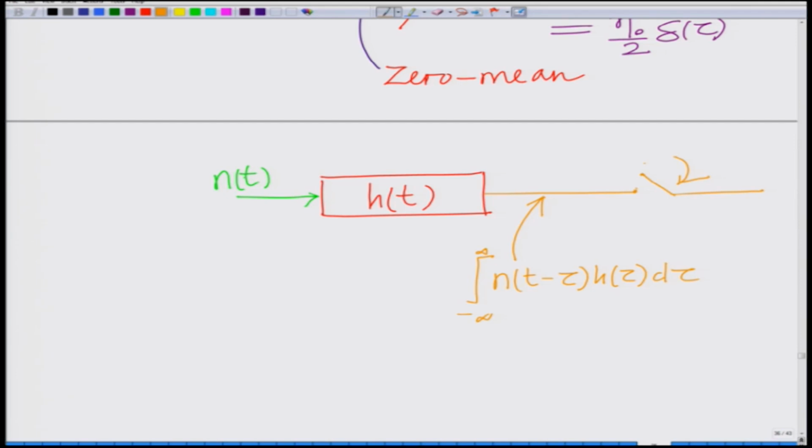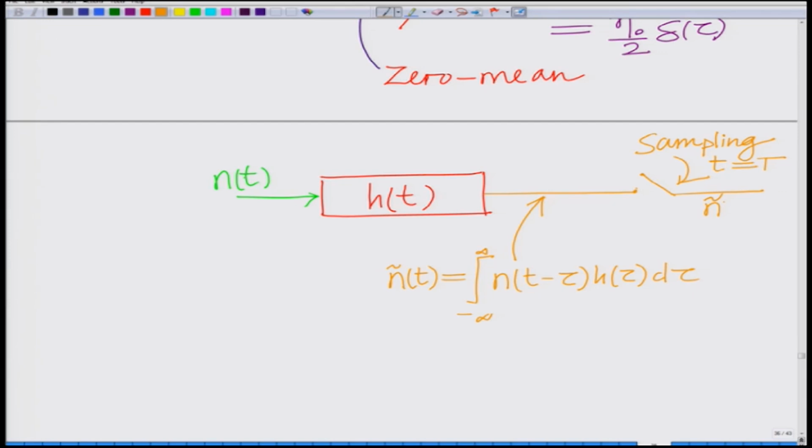Let us call this n tilde of t, followed by sampling at t equal to capital T. So, this is your n tilde of capital T, which we are calling n tilde.